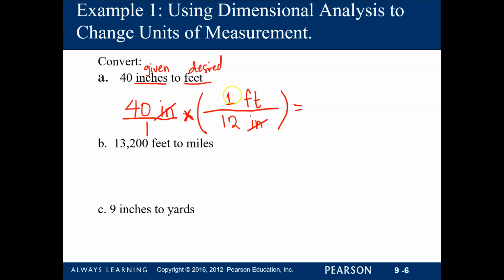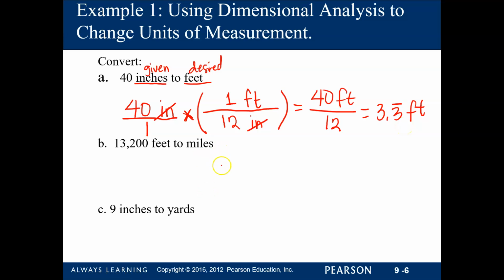So this is 40 times 1, which is 40, and then the unit of measurement is feet, all over 1 times 12, which is 12. If you simplify 40 over 12, you are going to get roughly 3 1/3 feet. So 3.3 repeating feet. So 40 inches is actually 3.3 repeating feet. That's how it will be.